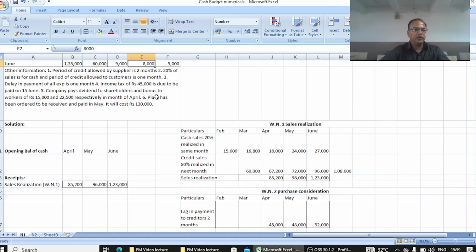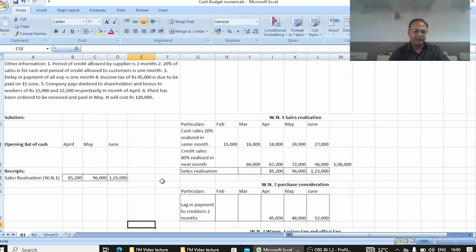Company pays dividend to shareholders and bonus to workers of rupees 15,000 and 22,500 in month of April. So first of all, dividend and then bonus.